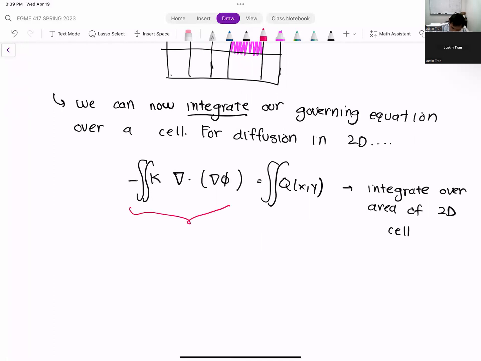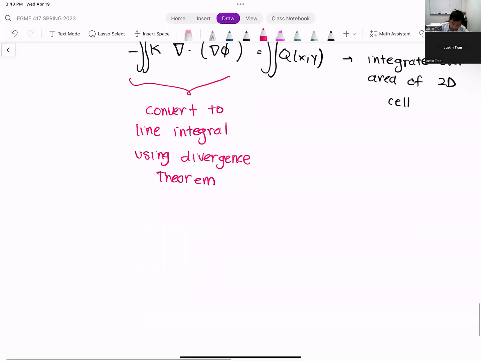And so once we do that, we can take this integral on the left-hand side and convert it using the divergence theorem. On the left-hand side, what we have is minus k times the line integral of the gradient of phi dot product with n ds.